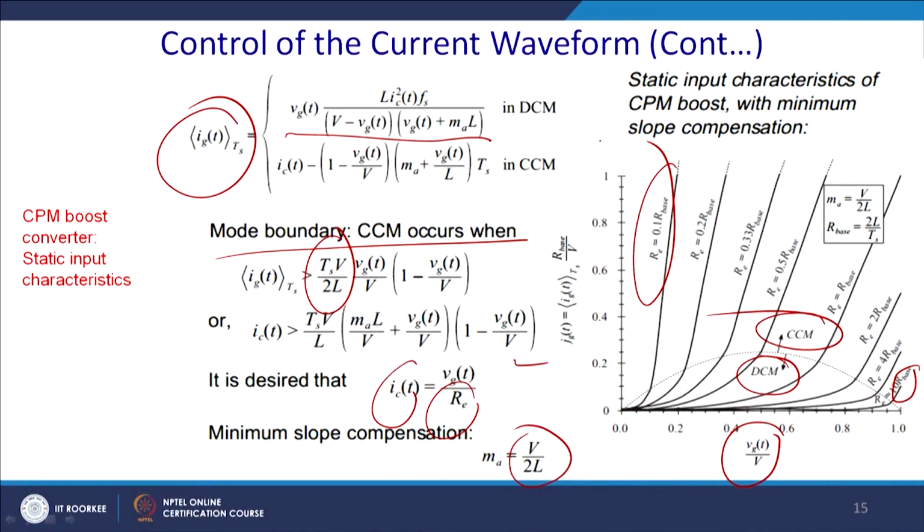Gradually when you have a very high load, Re equal to 0.1 of the R base, there you can find that you have an almost continuous conduction mode started, and you will find it much easier to operate, and R base is essentially 12 by Ts. So, this is the value of the R base. This is the characteristics of operation of the CPM boost converter.